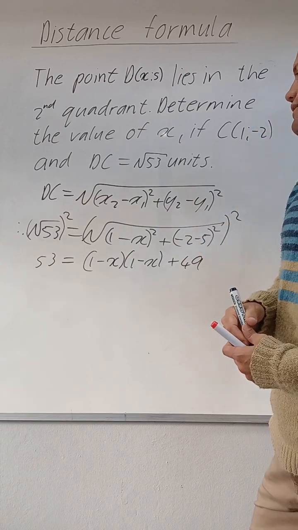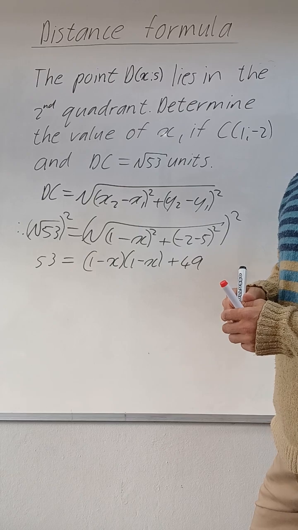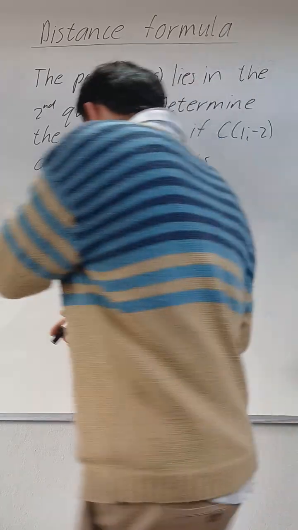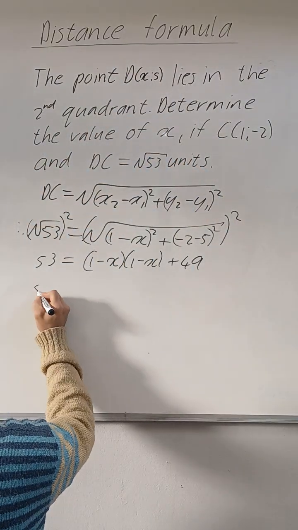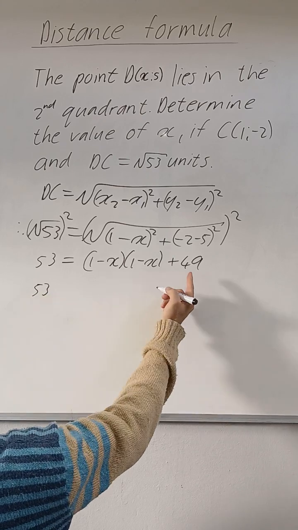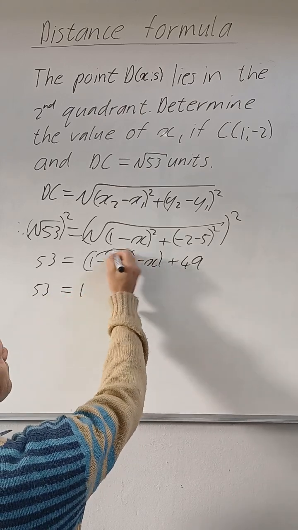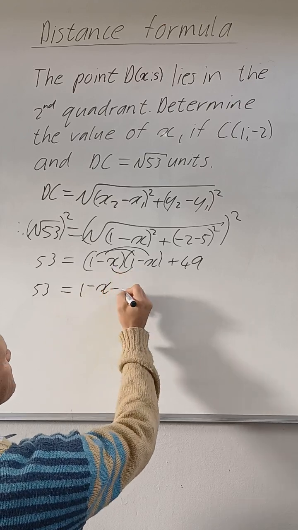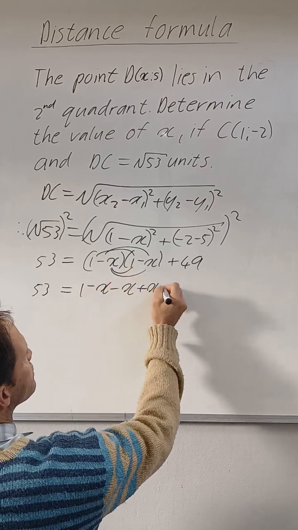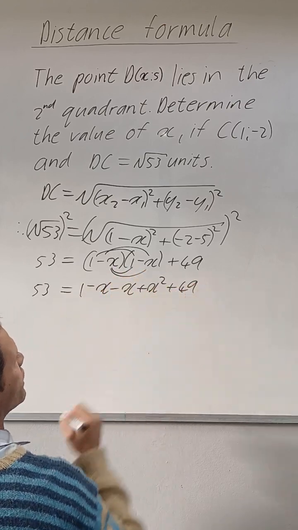Now the rest is very basic algebra, from grade 9. So now we're going to multiply it out. For the 53, let's leave it there. (1 minus x) squared, plus 49.